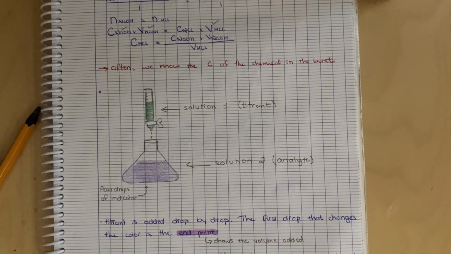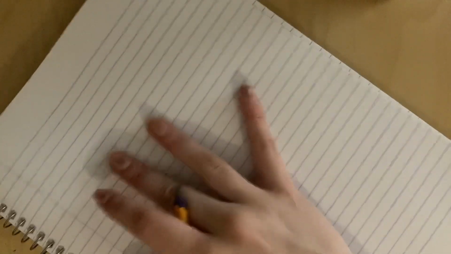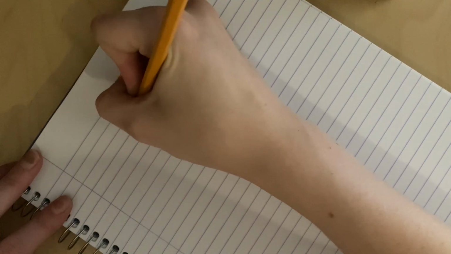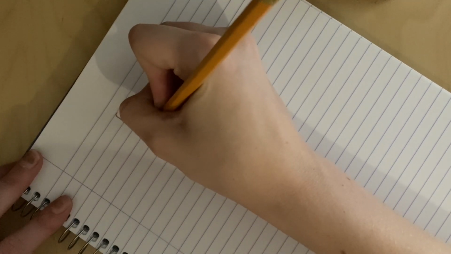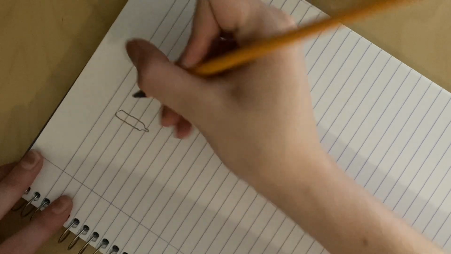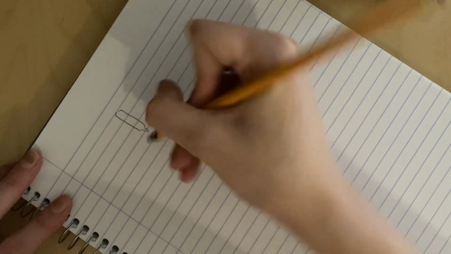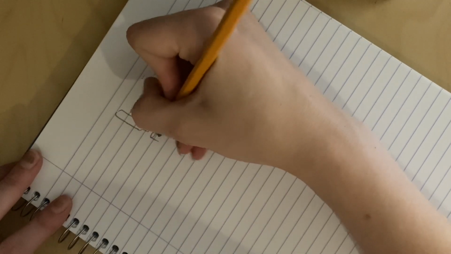So the way we're going to be able to solve this is like this. Let's say we've got this setup, okay? Let me draw it out for you. So obviously, for this lesson, you need to have the glassware memorized.